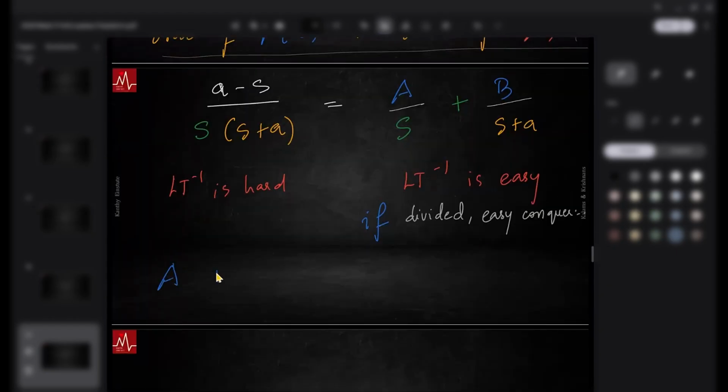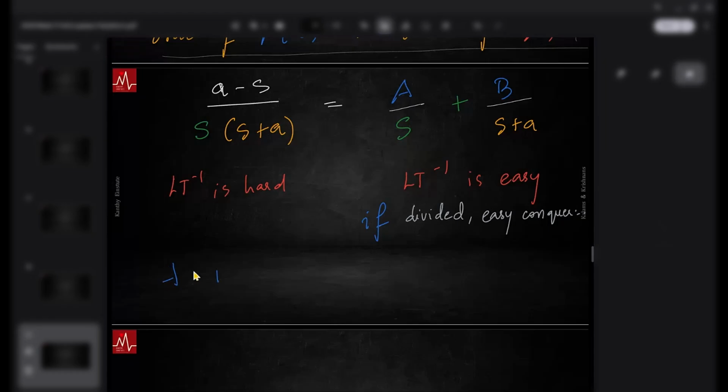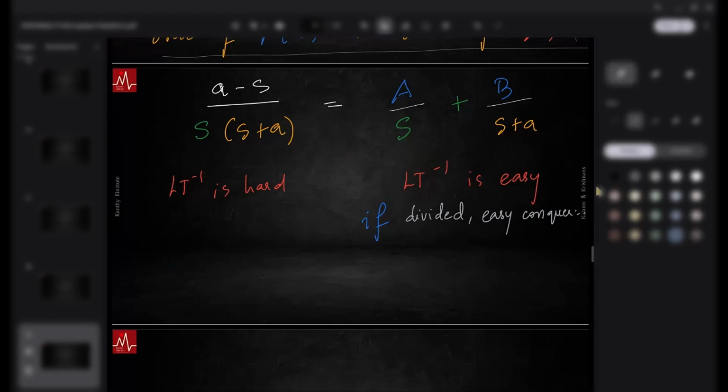A and B are constants. They are not functions of s. They are constants. If we can somehow find them, we have divided them. Each part we know how to take the Laplace transform. Yes, we know the Laplace transform of this, and we know the Laplace transform of this.